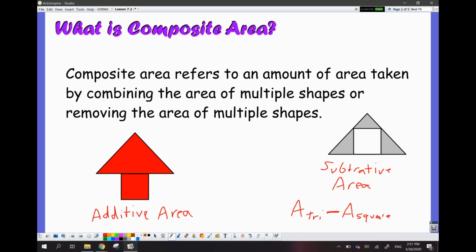Whereas here, I was adding them. So I had area of the triangle plus the area of the square.